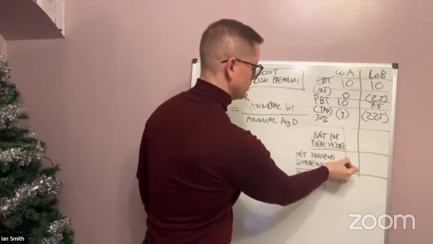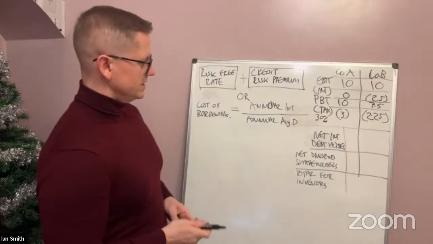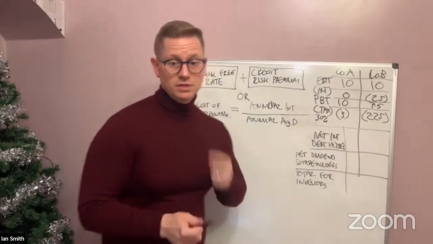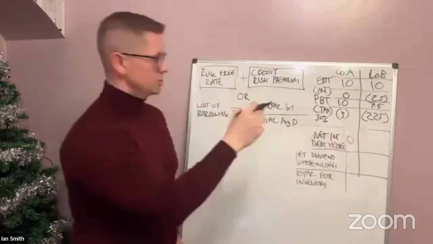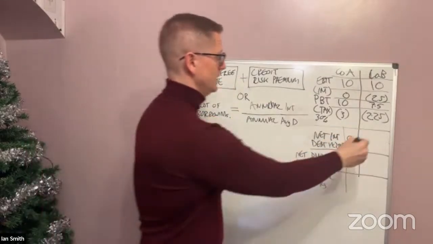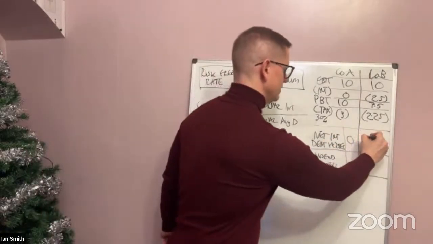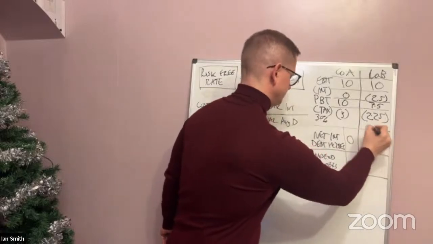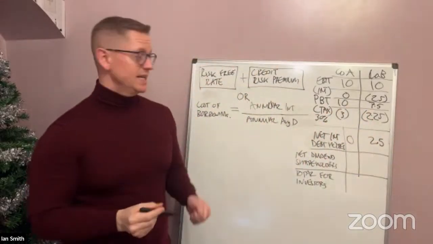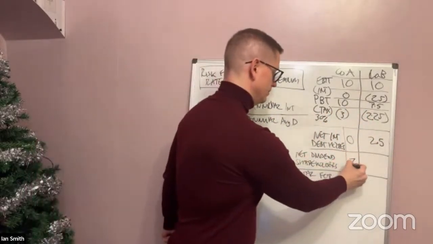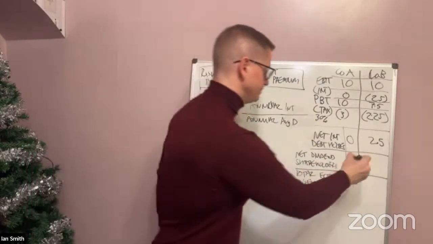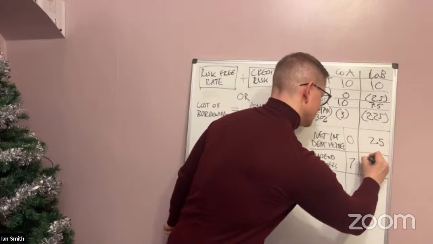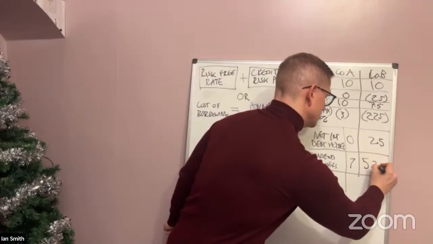Cool. So the net interest to debt holders, in this case, for company A is 0, but to company B, it's 2.5. The net dividend to shareholders is 7. And the net dividend for company B is what's left over, 5.25.